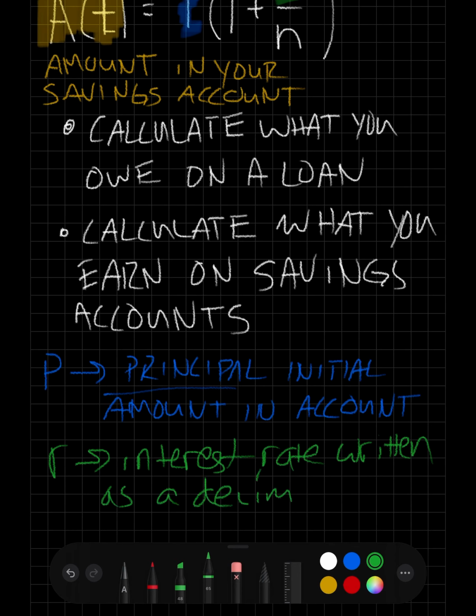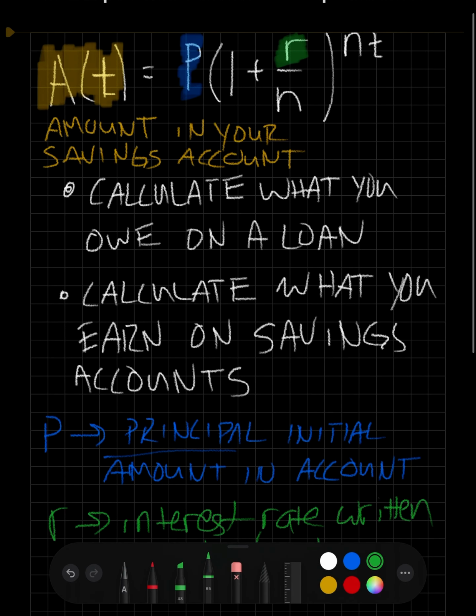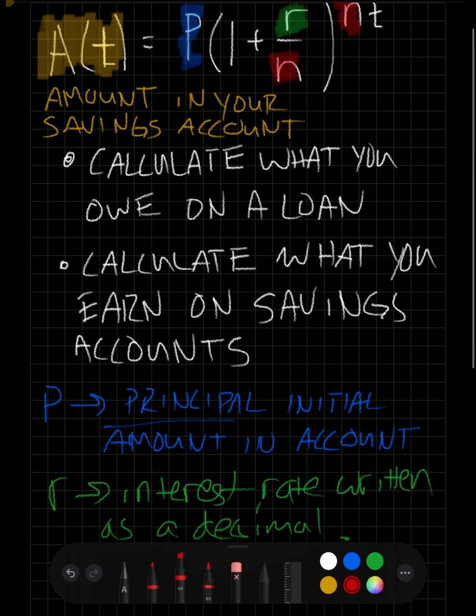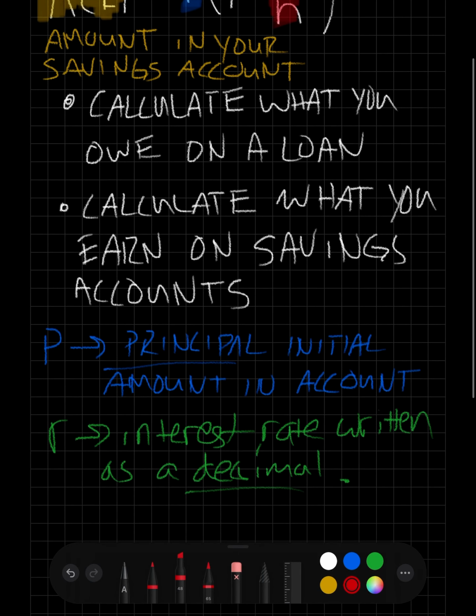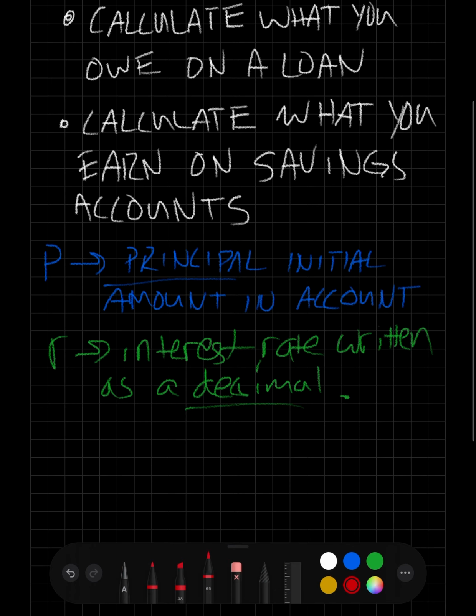Make sure you know how to convert back and forth between a decimal and a percent. That's something to look up if you're not sure. And this n is the number of times in a year that your interest is compounded.